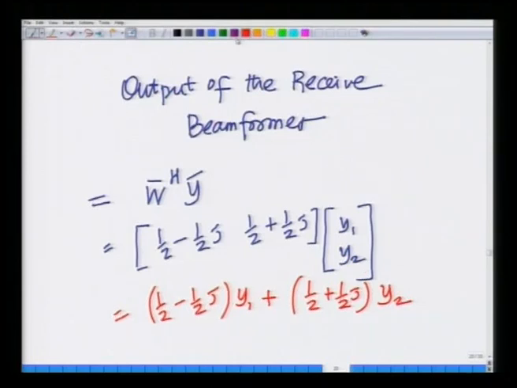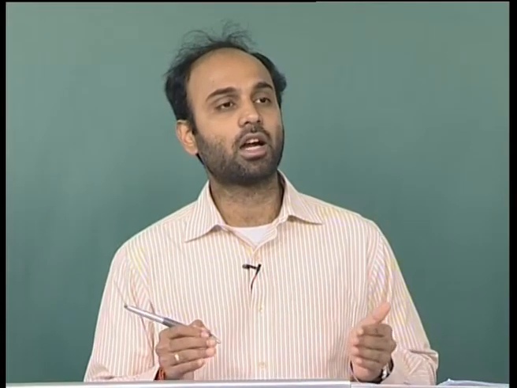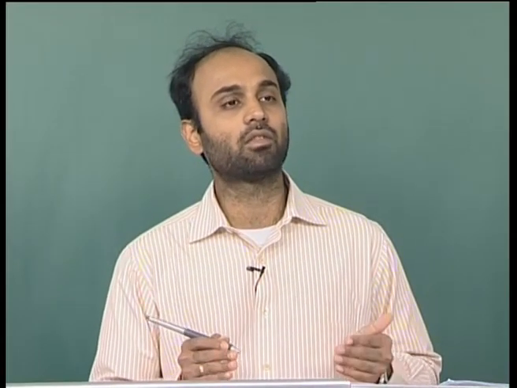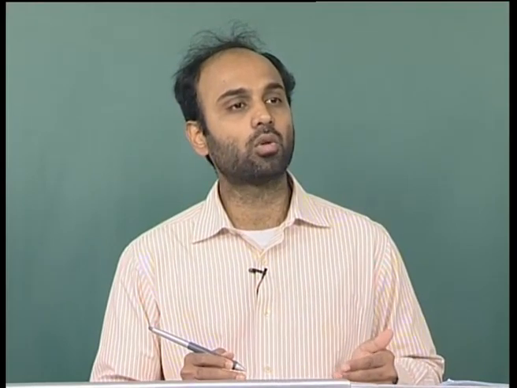All right. So, this box here is nothing but the output of the beamformer. So, what are we saying? We started with a channel with 2 receive antennas, one with fading coefficient 1 over square root of 2 plus 1 over square root of 2 j, the other with fading coefficient h 2, 1 over square root 2 minus 1 over square root 2 of j.